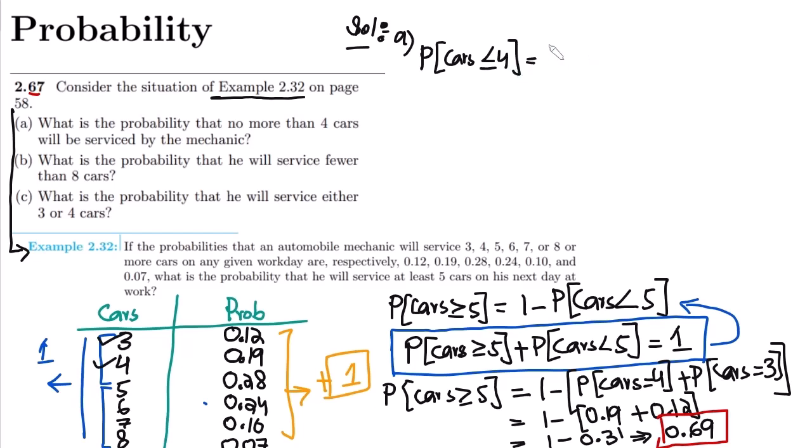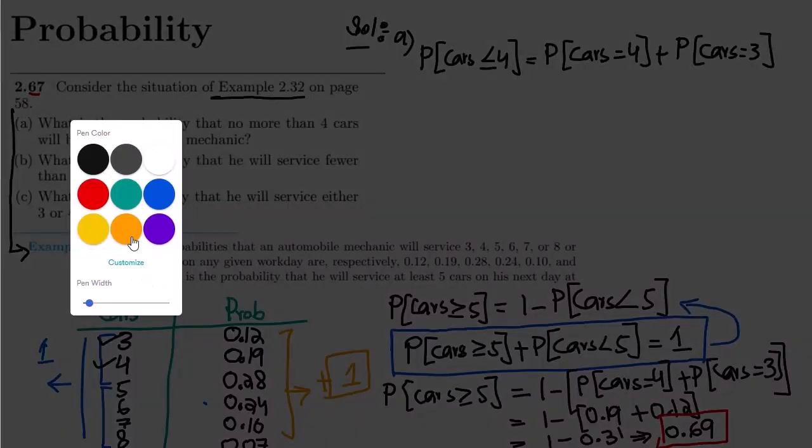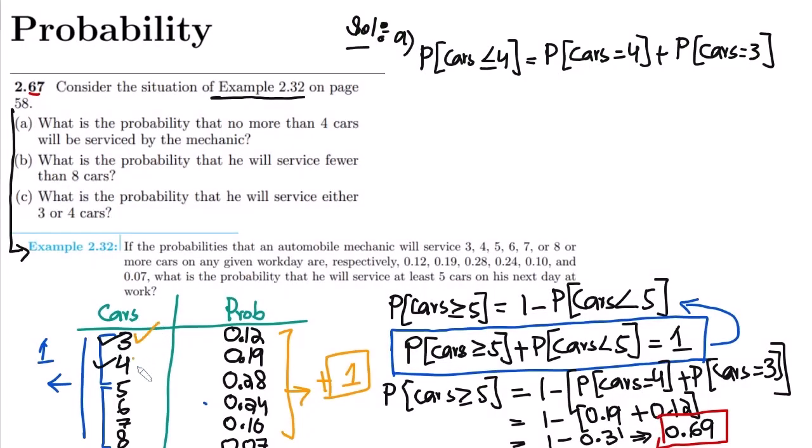So we can also write it as the probability of cars equal to 4 plus the probability of cars equal to 3, which are basically mentioned here in these two scenarios.